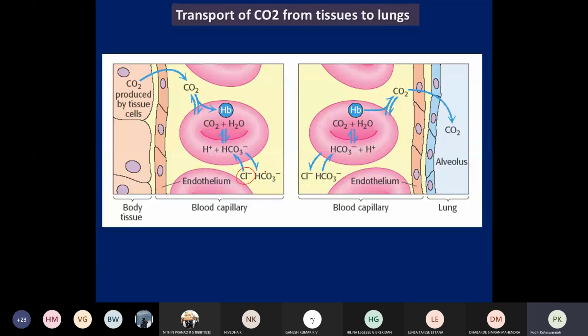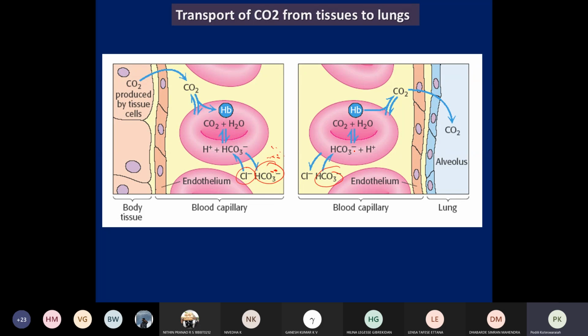Now this HCO3 minus has a higher solubility in the plasma, and it is transported in the circulation to the lungs. Near the lungs, this HCO3 minus re-enters the red blood cell, and Cl minus leaves the RBC by the same process.